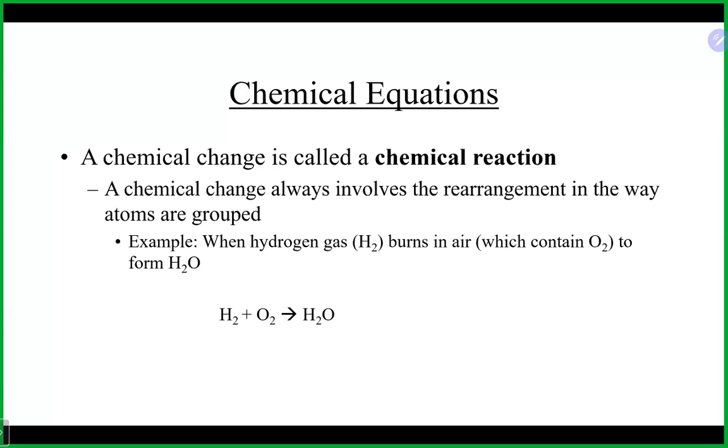Remember that in a chemical reaction, the only thing that's happening is we're breaking all the bonds that we start with, and we're making new bonds at the end of the reaction. The formation of those new bonds creates new substances, and that is a chemical change. Here we have hydrogen gas burns in air, which contains oxygen, to form water.